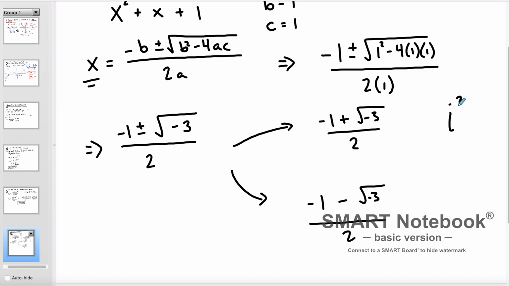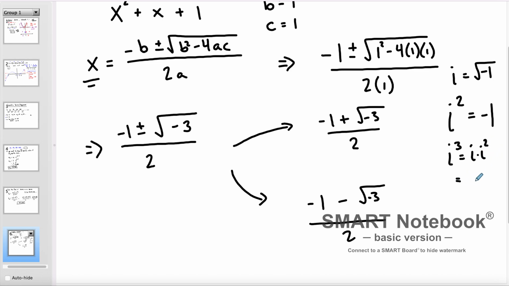And so we introduce this new idea, that we call the number i. We say that i squared equals negative 1, okay? So i times i equals negative 1, right? i is equal to the square root of negative 1. i cubed is the same thing as i times i squared.